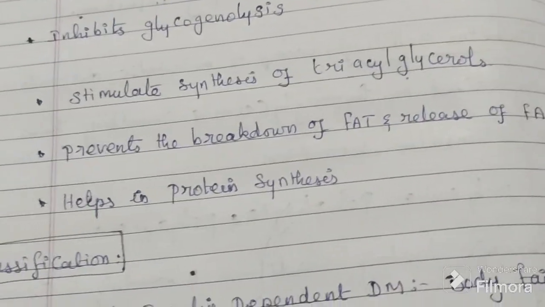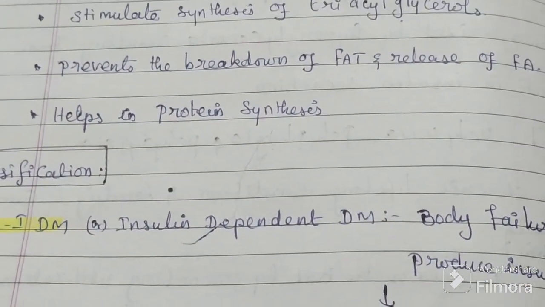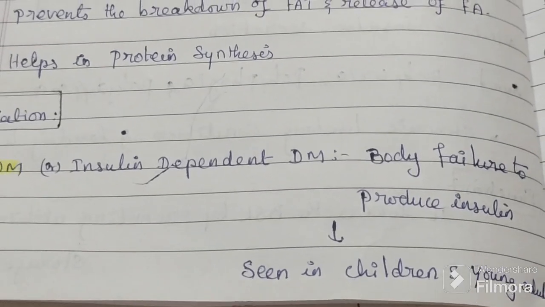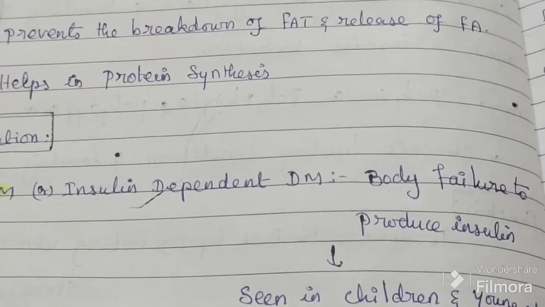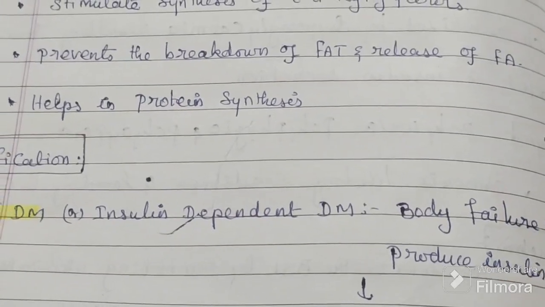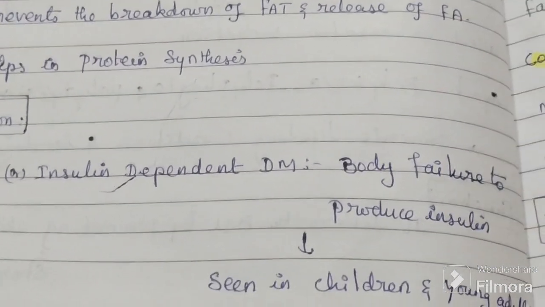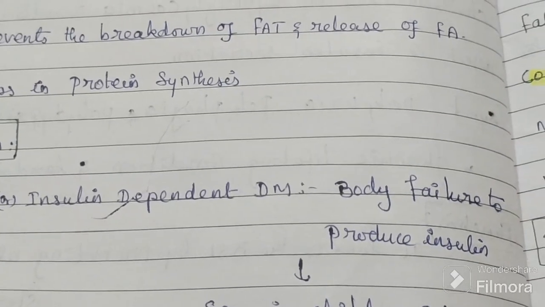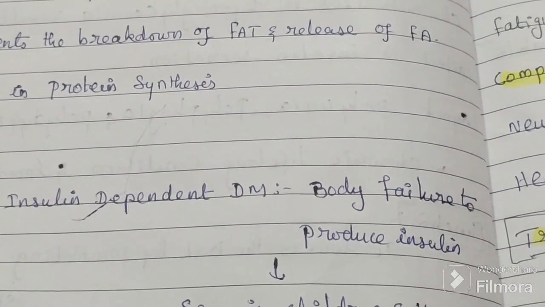Now classification. There are 4 types. Type 1 is also called insulin dependent diabetes mellitus. Type 2, non-insulin dependent diabetes mellitus. Third one is gestational, during pregnancy period only. Type 1 results from the body's failure to produce insulin.